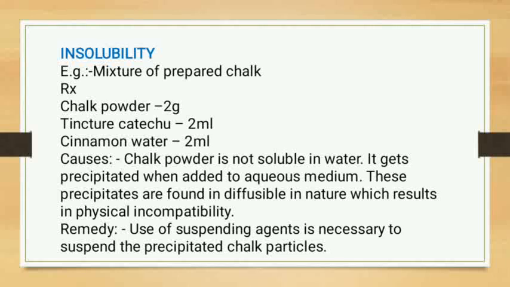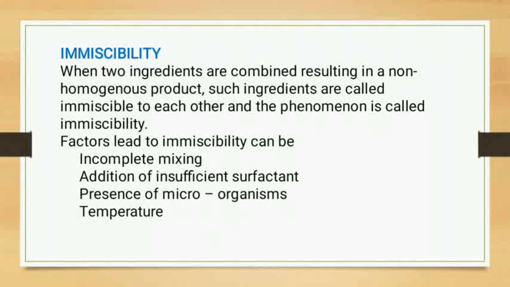Okay. Now moving to the next one, that is immiscibility. So students, when two ingredients are combined resulting in a non-homogeneous product, such ingredients are called immiscible to each other and the phenomenon is called immiscibility.